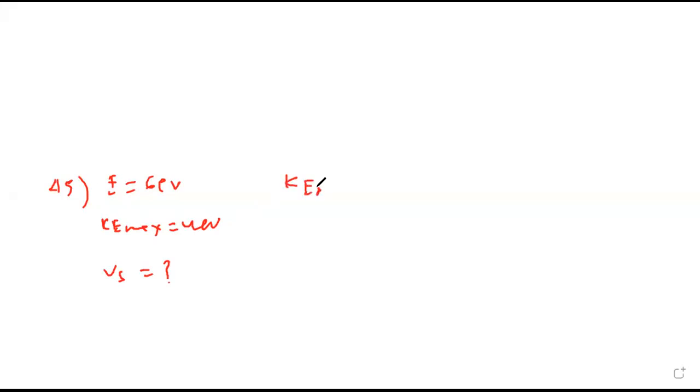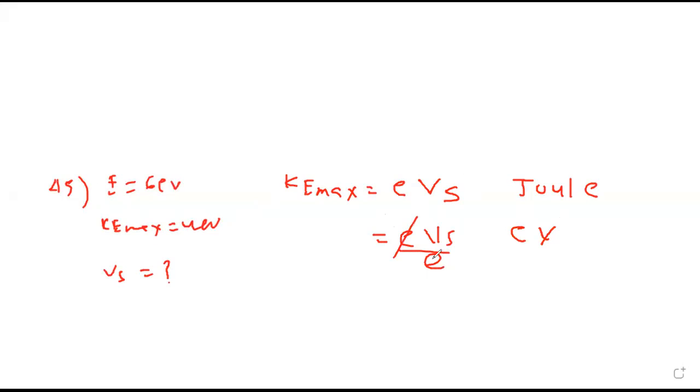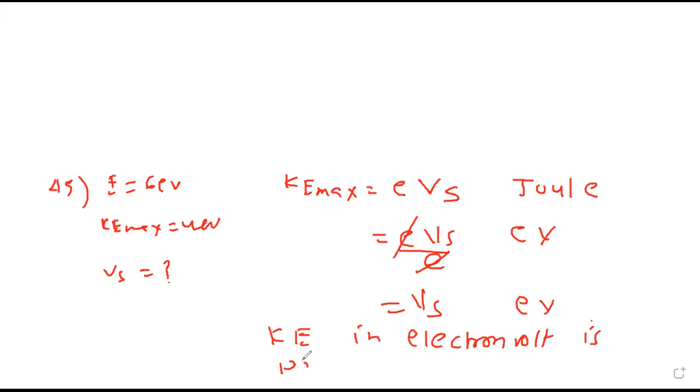See, Ke max, we know it is E into stopping potential, unit is joule. So when you divide this by E, the unit will become electron volt. I had told you once, you can remember that kinetic energy in electron volt unit is nothing but the potential.